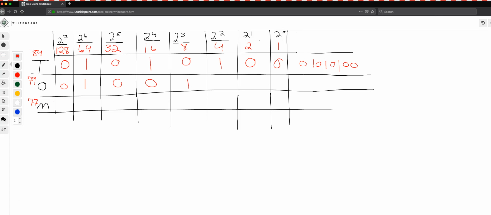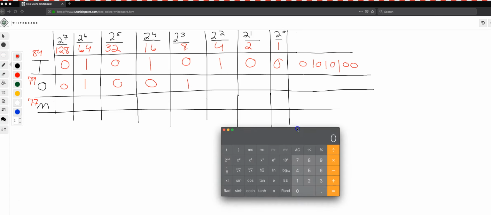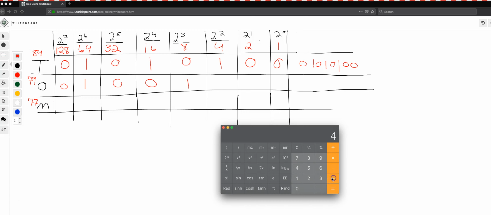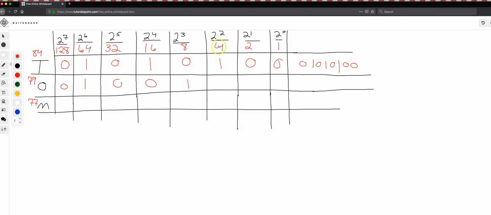Let me pull up my calculator so I can show you where we're falling. 64 plus 8 gives us 72. So 72 is where we're at right now, and we're trying to get to 79. 72 plus 4 is 76, so we can accept that one. 76 plus 2 is 78, so we can accept that one.